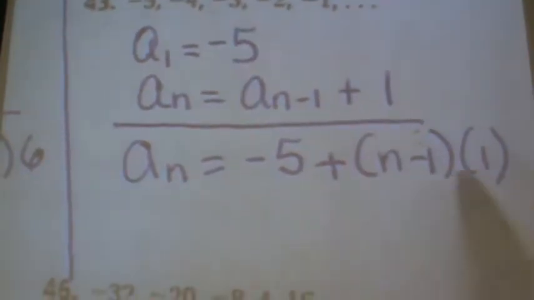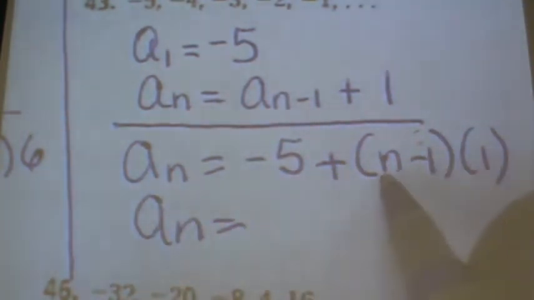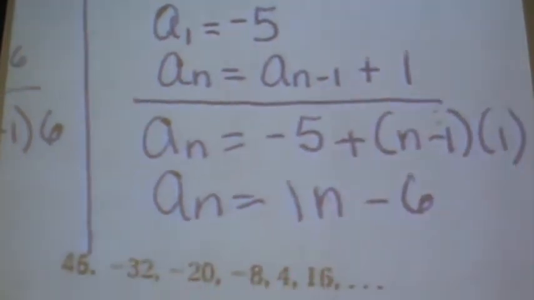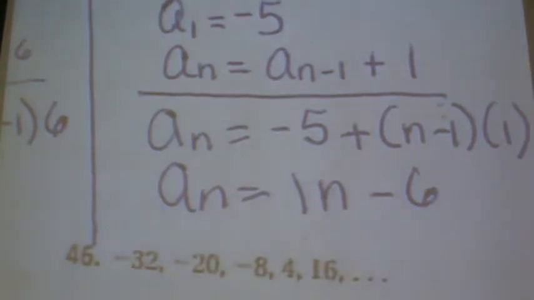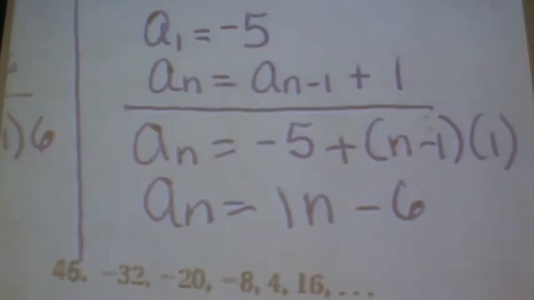Now, can you simplify this? You should be able to. So it's 1n minus 6, because negative 1 minus 5 is negative 6. Questions?